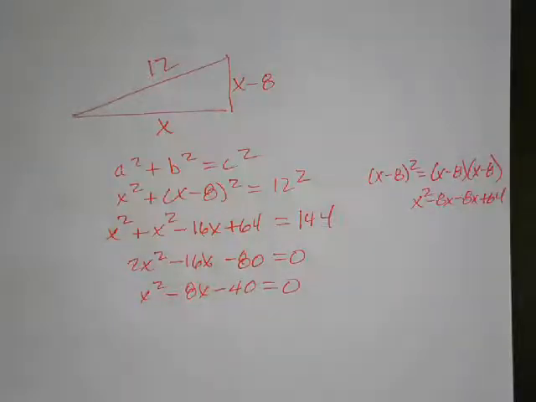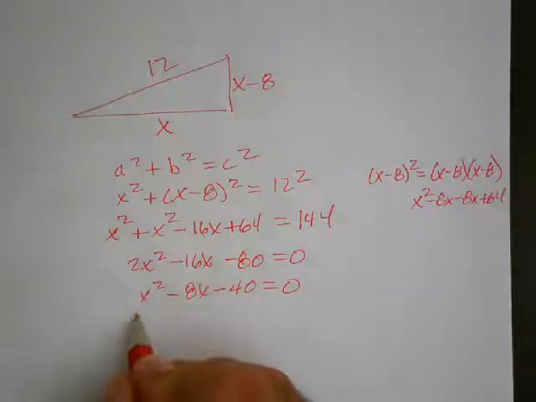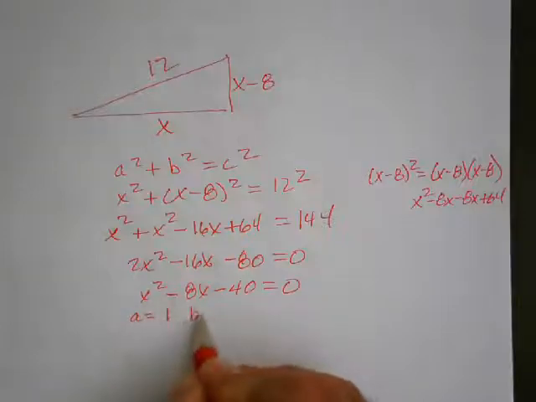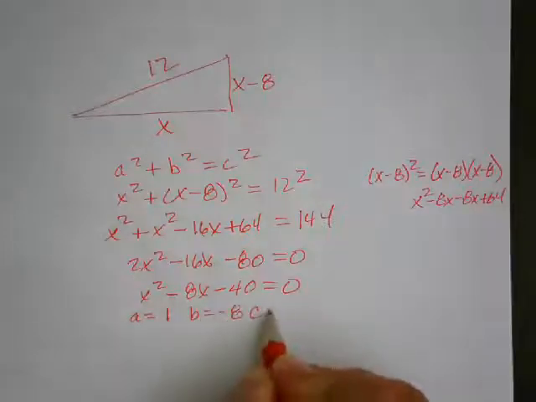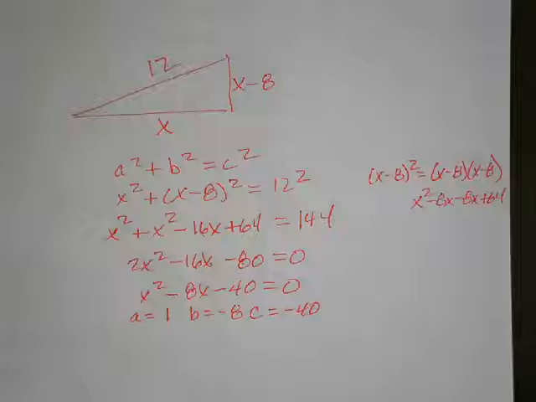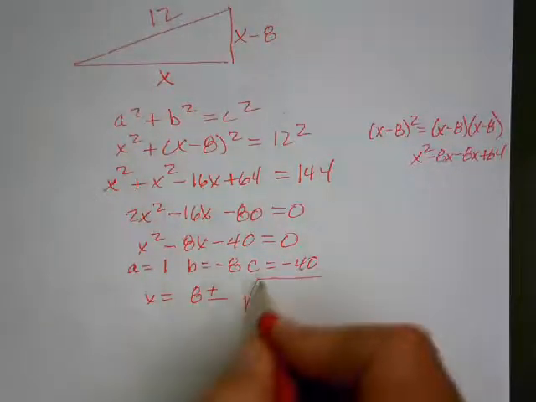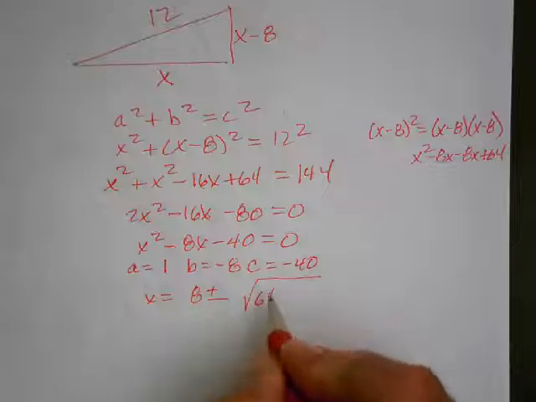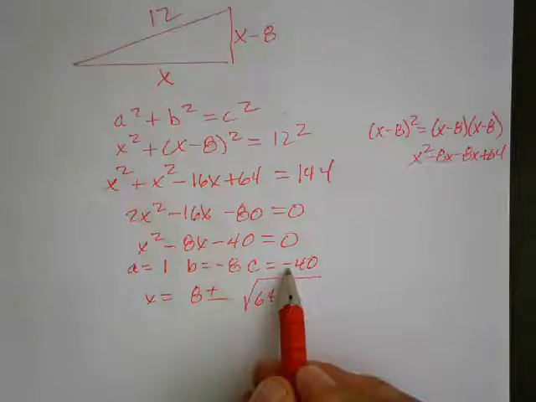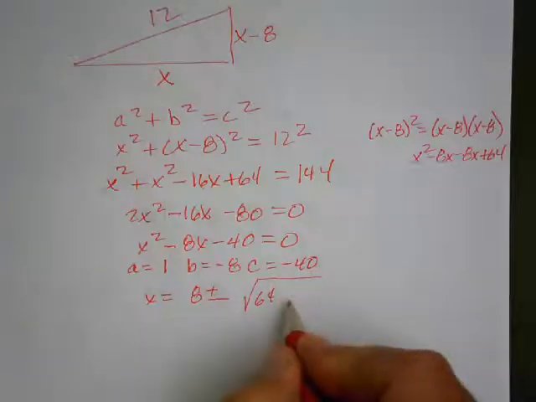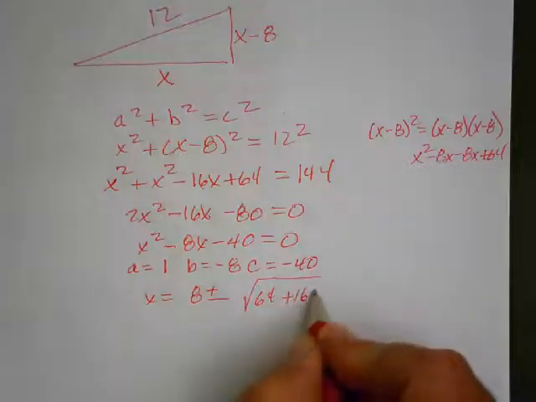And again, I'm going to use the quadratic formula. So x is going to equal 8 plus or minus the square root of 8 squared, 64. Note this is negative, so minus 4 times negative 40, that's going to be 160, all over 2.